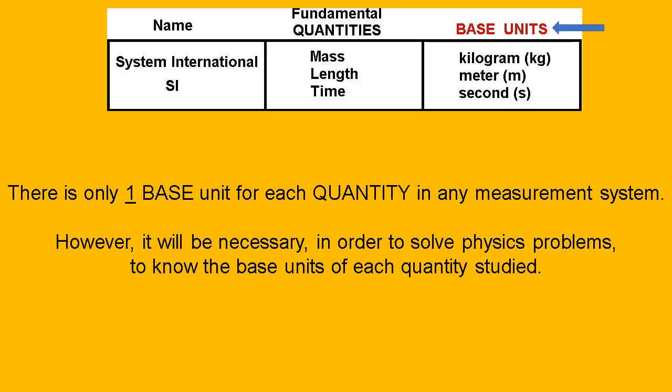Of course, we can measure speed in other units, non-base units. Speed can be measured in kilometers per hour, for instance. But that doesn't change what the base unit is. And it will be necessary, in order to solve physics problems, to know base units of each quantity.